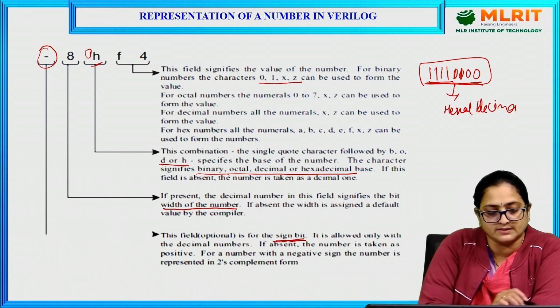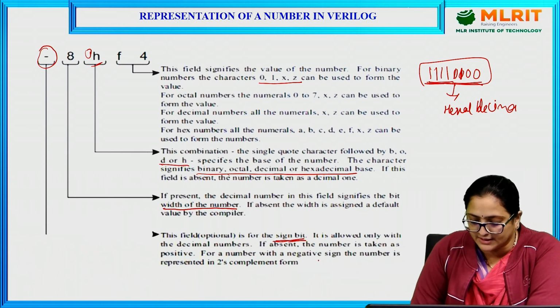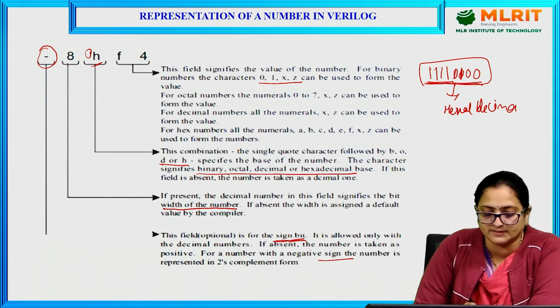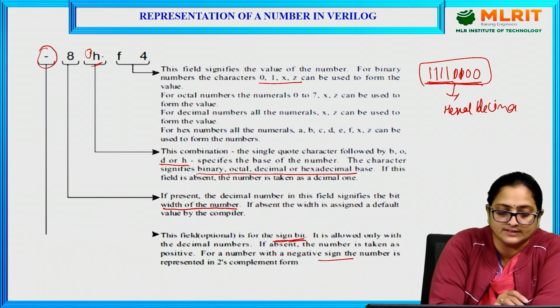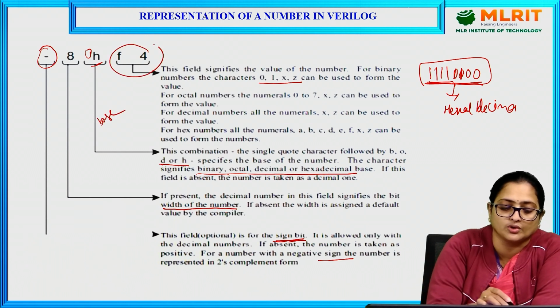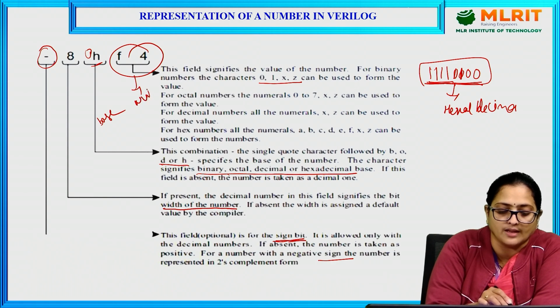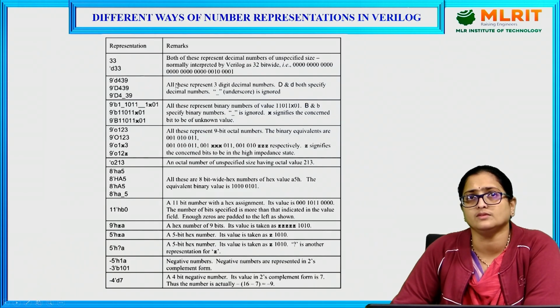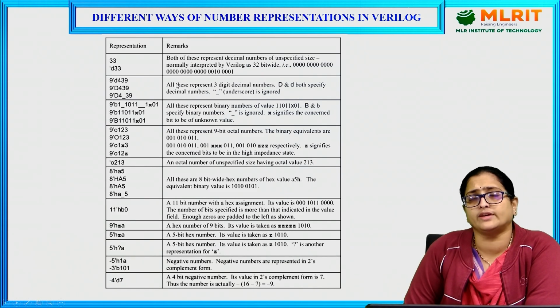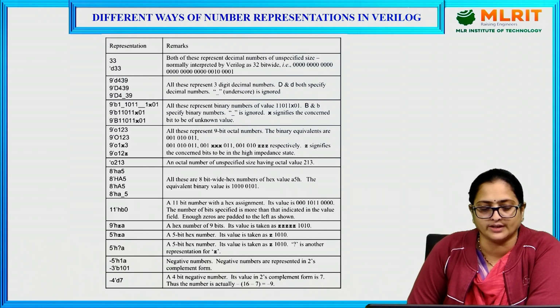So this represents either a signed bit or an unsigned bit, and this 8 represents the width of your number, and this part represents the base of your number system, and these two digits are used to represent the number.